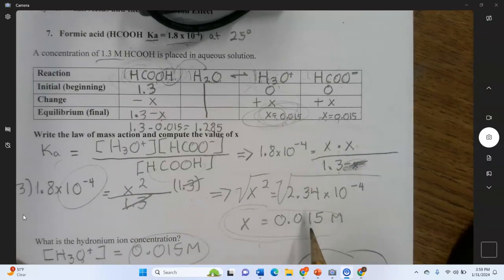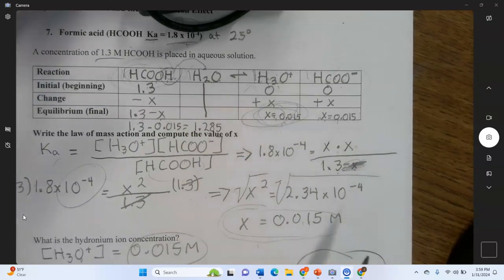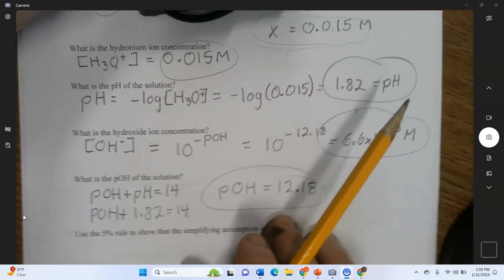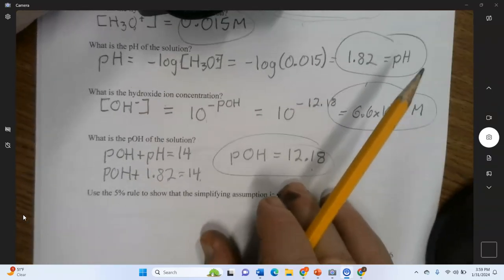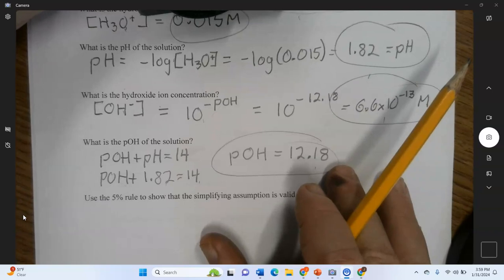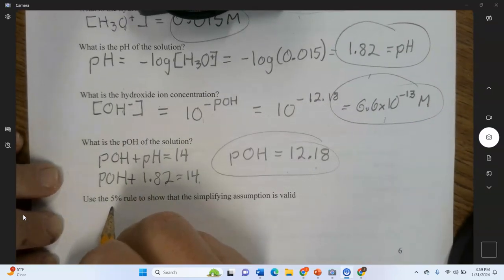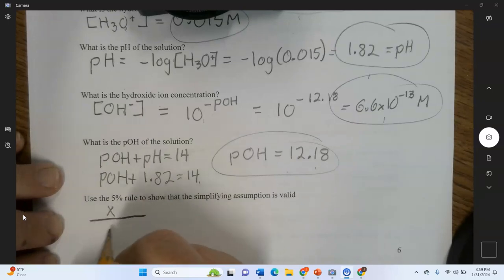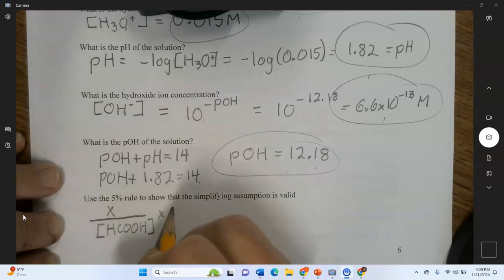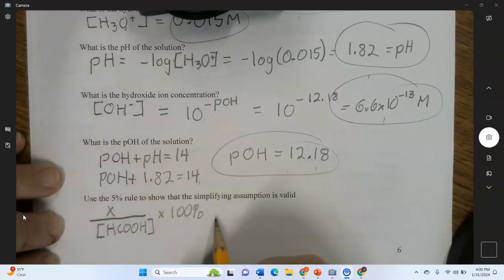So you make a ratio of 0.015 over 1.3, and then you multiply by 100, and that'll give you what percent of 1.3 that the X value was. So let me write out the general formula. So X over starting concentration of whatever our acid was times 100%.